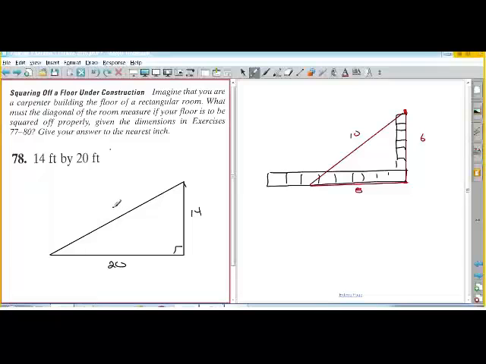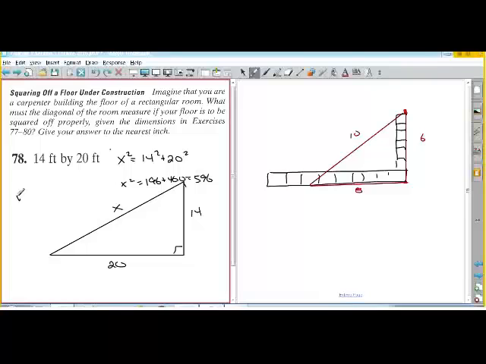So in this case, what they're saying is, what must the diagonal be? They're saying this one's 14, this one's 20, this is x. So all you have to do is say x squared is equal to 14 squared plus 20 squared. So 14 squared is 196, plus 20 squared, which is 400.